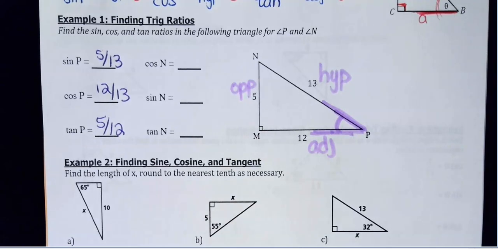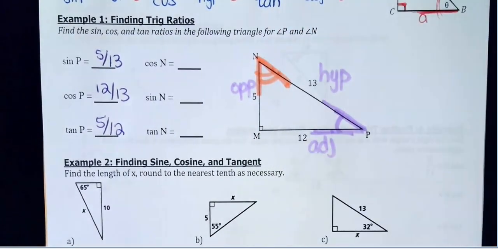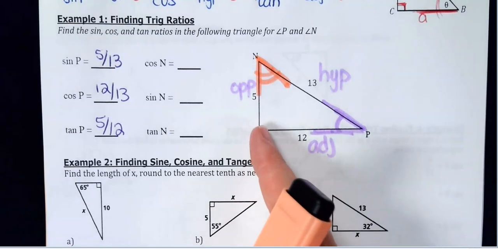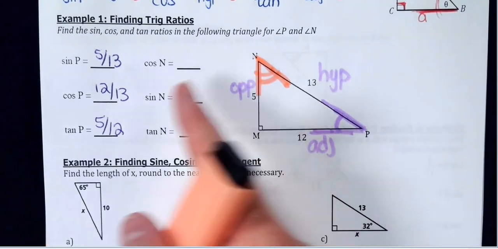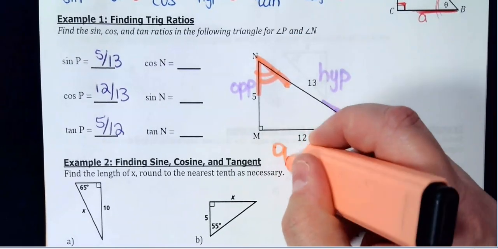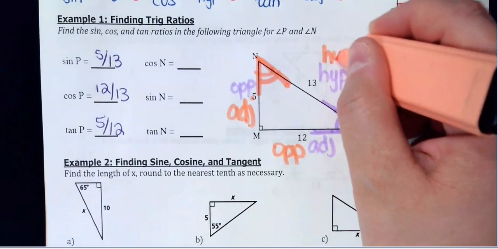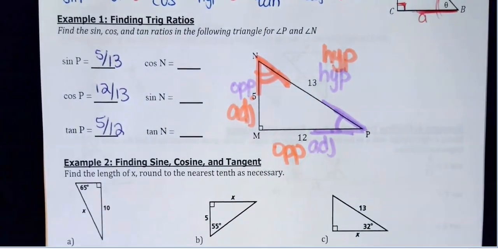Okay, now if I switch this up and I look at angle N. Now you never do this with the right angle, but if I was looking at angle N and asking you to write the ratio, now angle N, the opposite would be the 12, the adjacent would be the 5. The hypotenuse is still the 13, no matter which of the two acute angles I'm looking at, but the opposite and adjacent change.